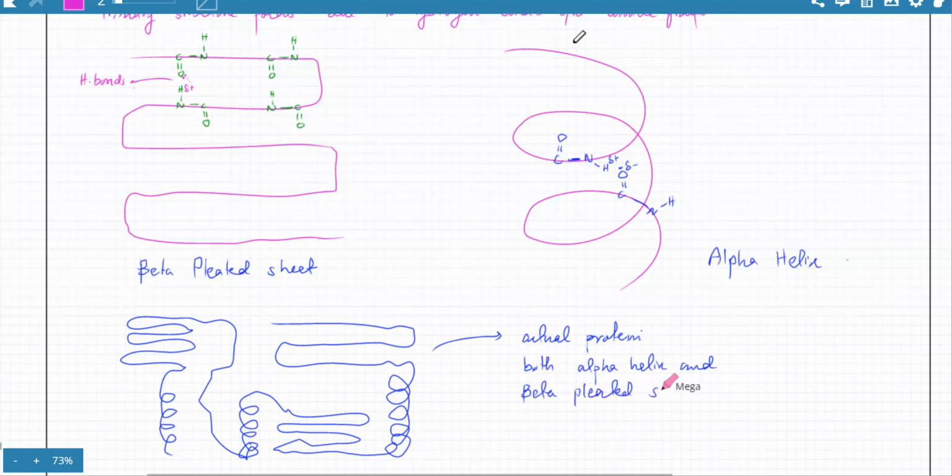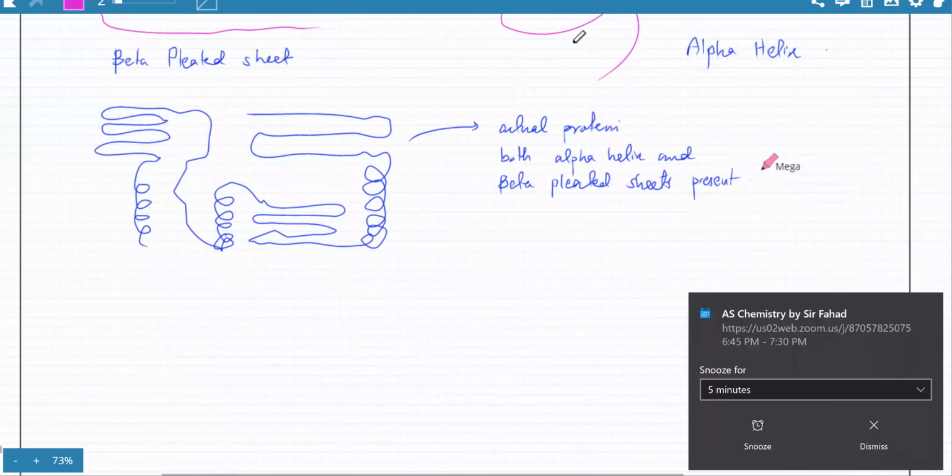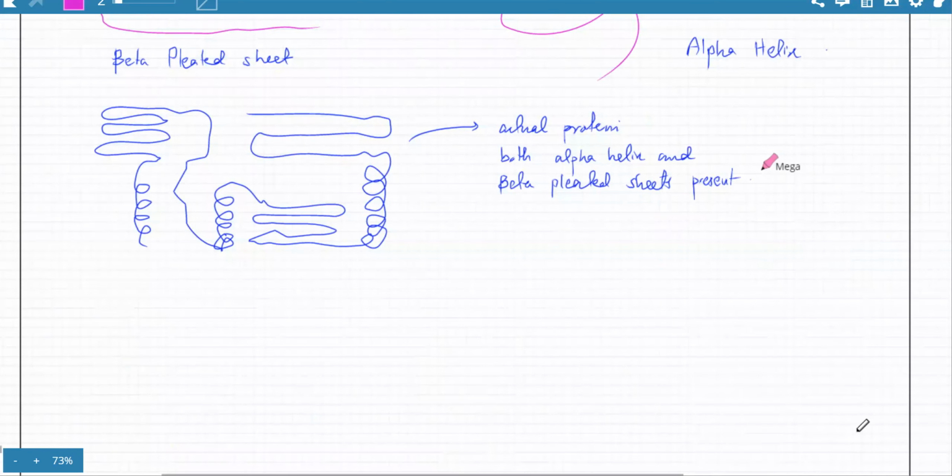Now the other thing about this is that alpha helixes, the ones that look like springs, are more flexible, whereas the beta pleated sheets are more rigid. So that would create two different properties for the protein.